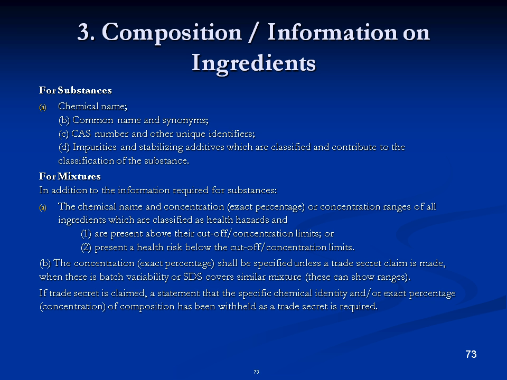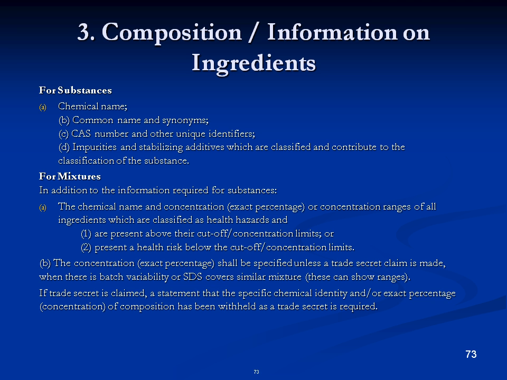So if you have something that has a low level of formaldehyde in it, less than 0.1%, but you know in the use of your product that people can be exposed to it at a level that might be of concern, then you'd have to make the judgment to disclose the presence of that formaldehyde so that the end user can then monitor in the workplace and make sure it's safe and so forth.